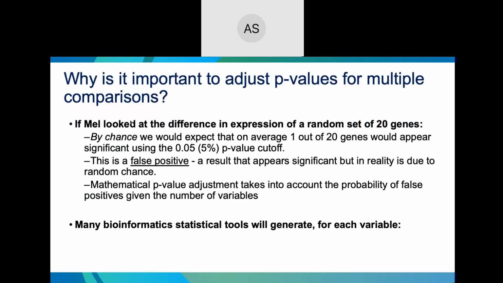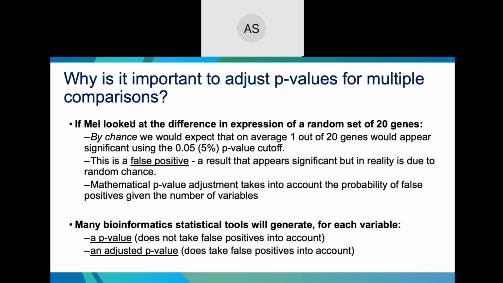So most bioinformatics statistical tools these days are designed for multidimensional data like RNA-seq data. And so they will generate for each variable first a p-value, which we know does not take false positives into account. And then they will also generate an adjusted p-value where they've mathematically adjusted the original p-value to take the chance of a false positive into account.